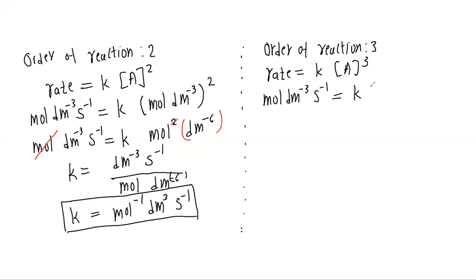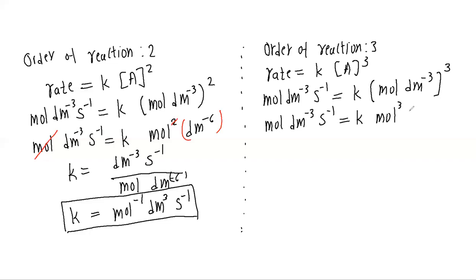What is K into moles dm cube raised to 3. So let's try to simplify. Moles dm cube s minus 1 equals K into moles cube and dm raised to minus 9. So what will be the K dimension?